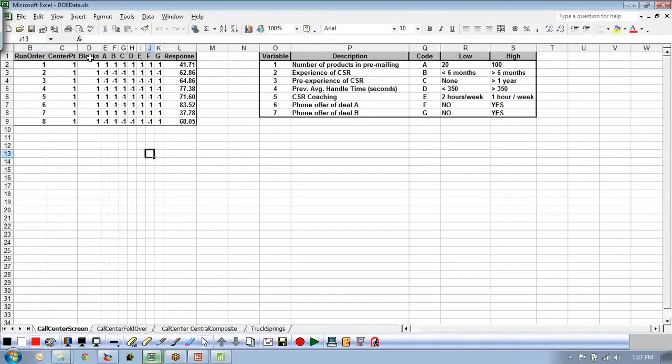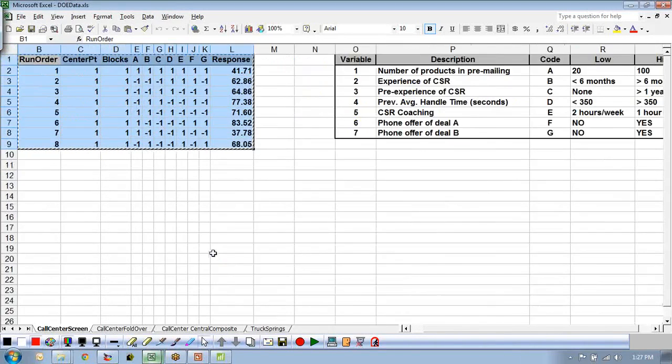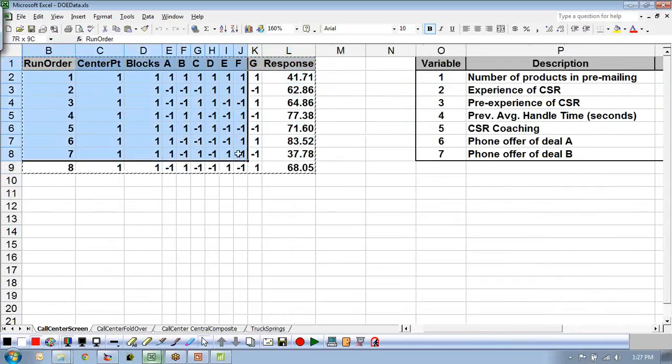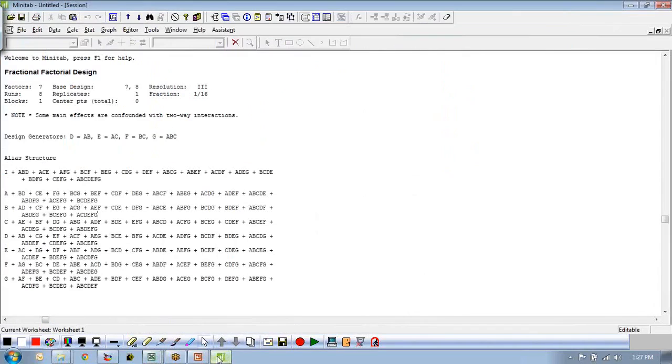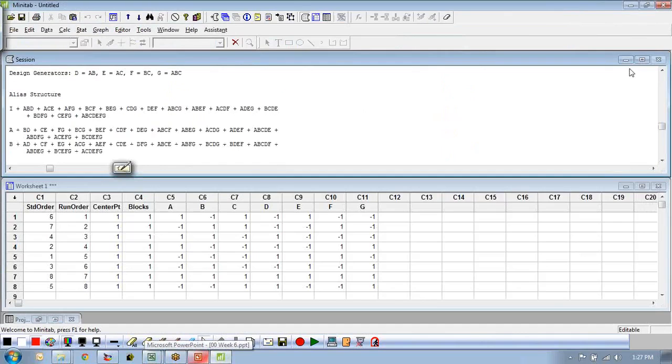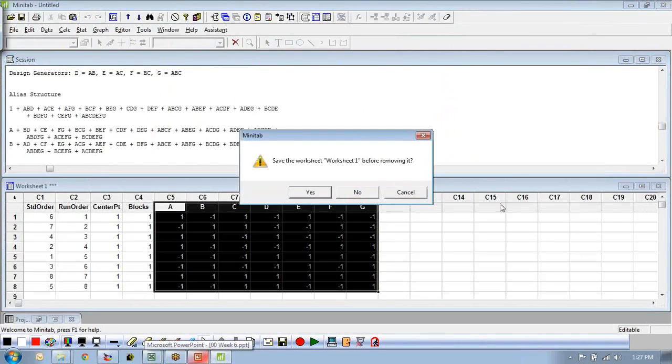Suppose we did that, and we actually put it into action, ran it. Suppose we got this response. Okay, so suppose we actually got that from Minitab, ran the experiment, and got this response. Maybe we're looking at handle time. And so I'm going to analyze that right now.